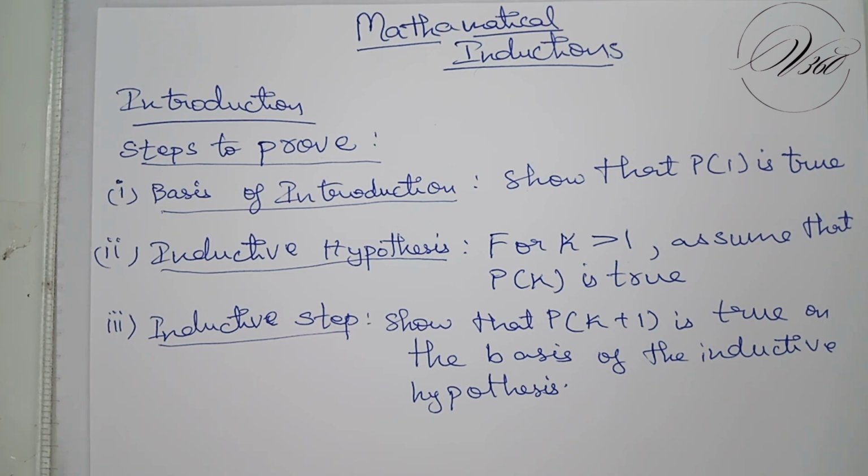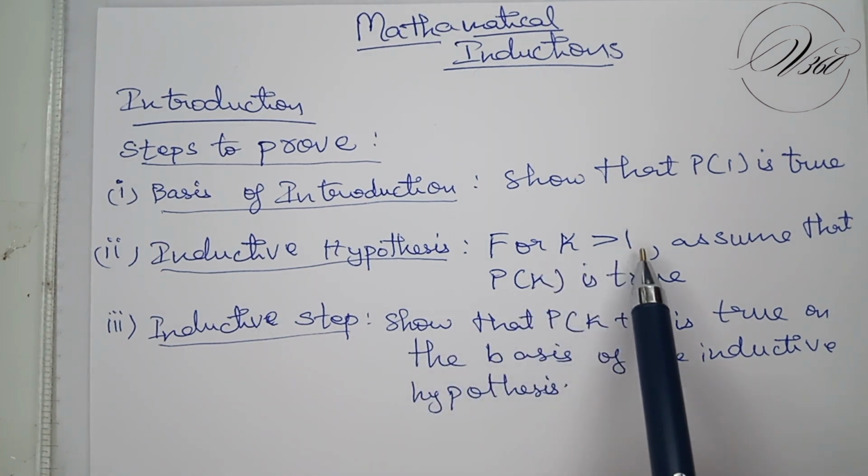If in any example this variable is greater than 1 or any other term, then we should assume that P of k is true. Okay, in inductive step we should show that P of k plus 1 is true on the basis of inductive hypothesis, that is this one.